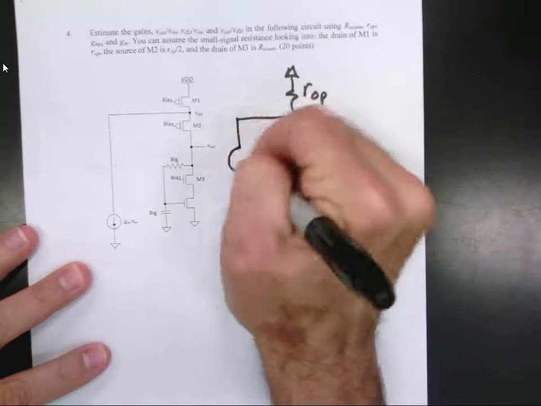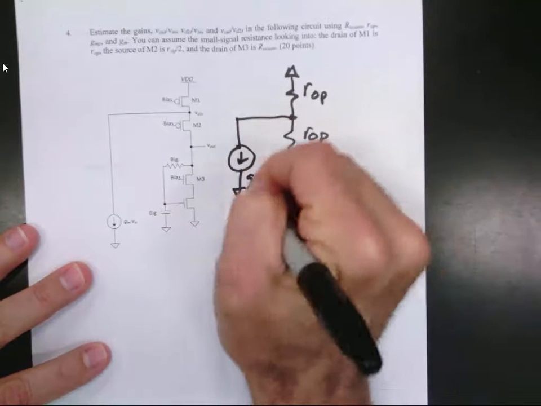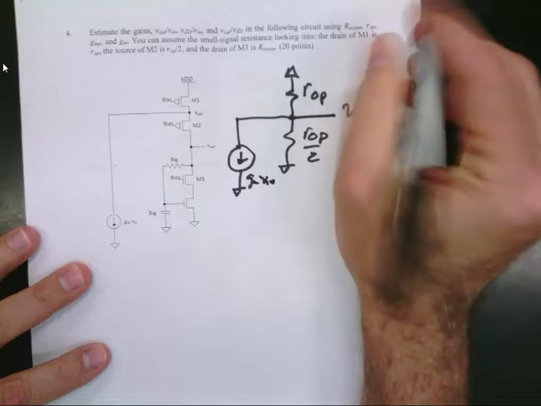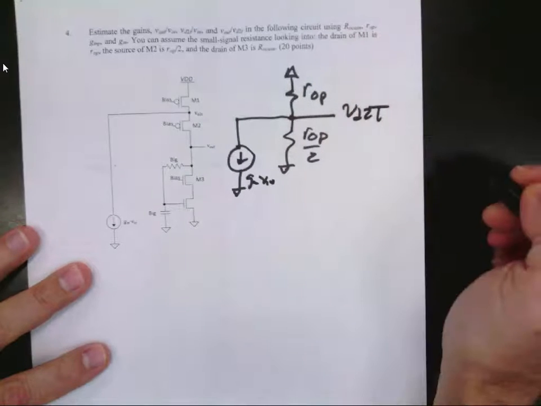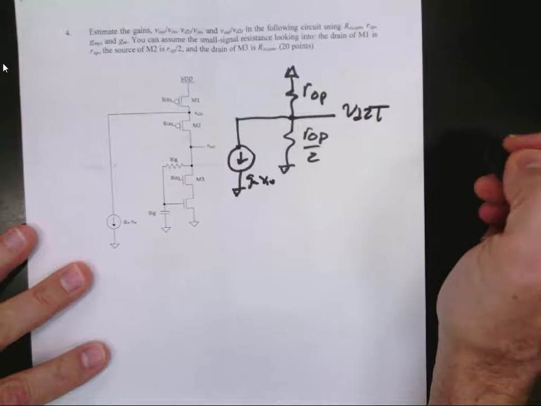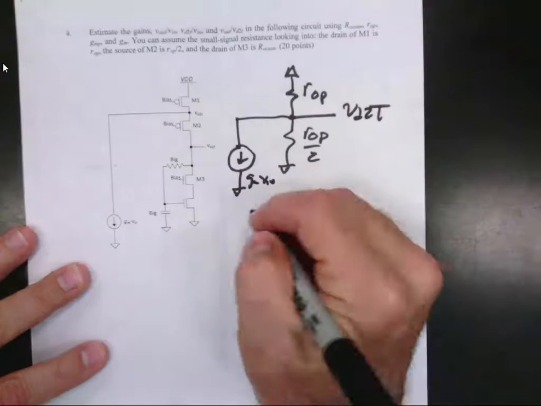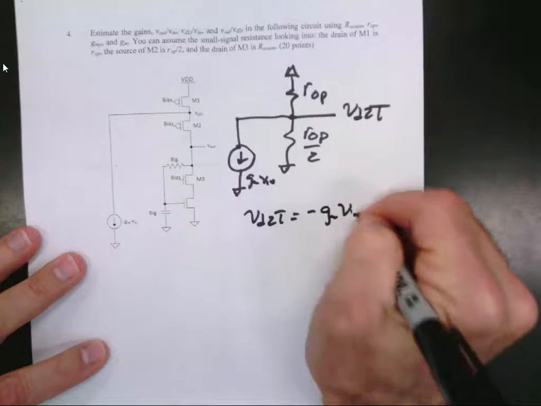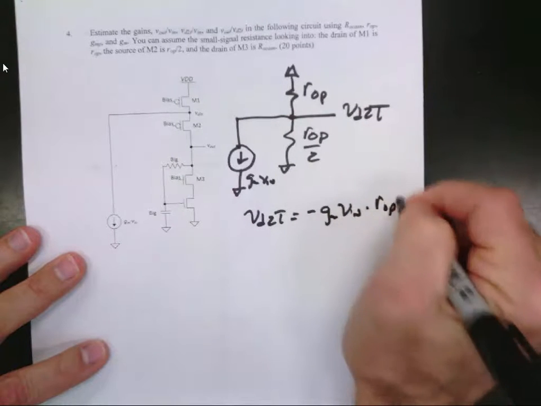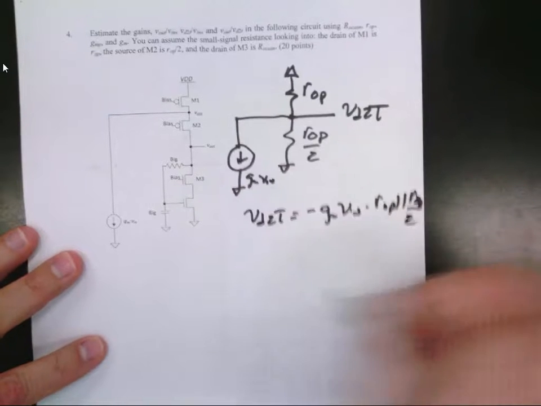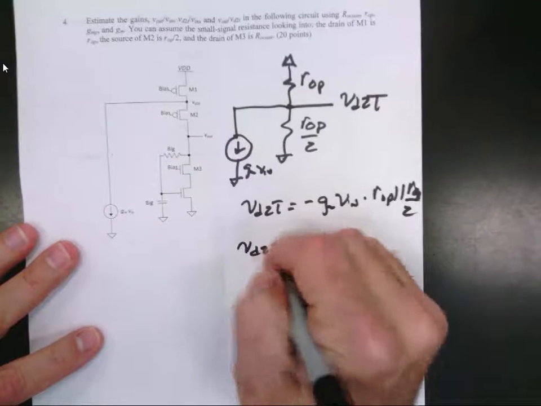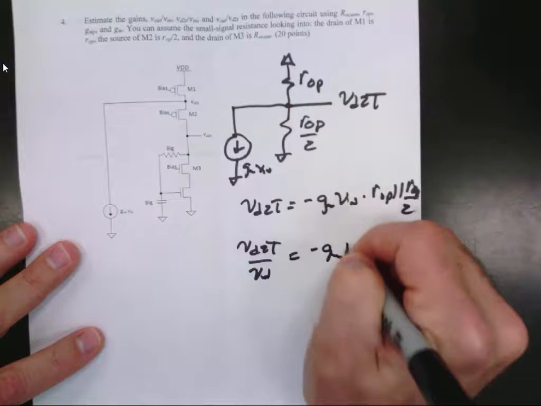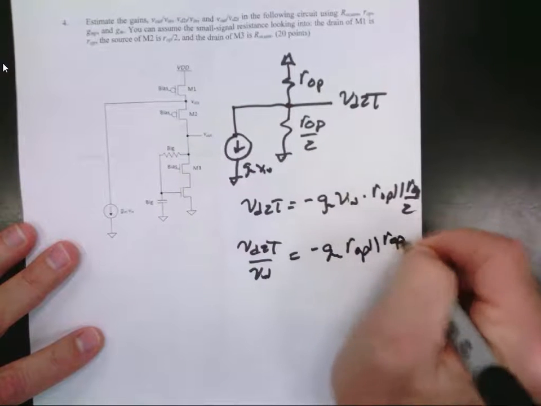So then I go, this is gm Vn, and this voltage here is VD2T. So then I write VD2T equals minus gm Vn times R out P in parallel with R out P over 2, or VD2T over Vn equals minus gm times R out P in parallel with R out P over 2.